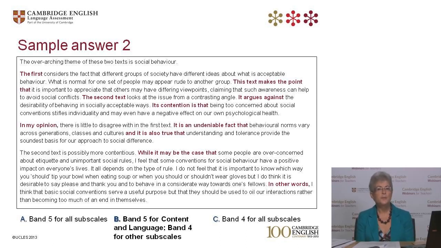It's not organised impressively, however, and the organisational patterns are not used with complete flexibility, which would have made it a band 5. If the candidate had successfully integrated the evaluation of the key points with his or her own ideas throughout the essay in a more creative way, this may well have raised the organisational score to a band 5.